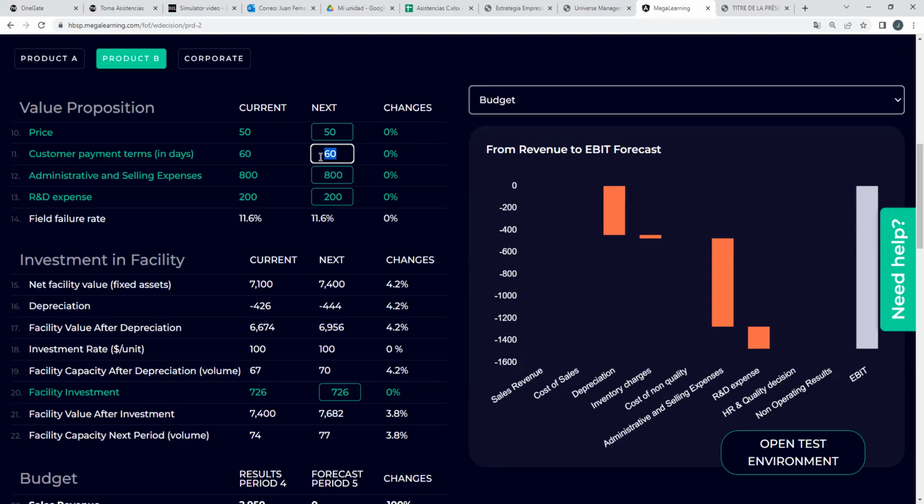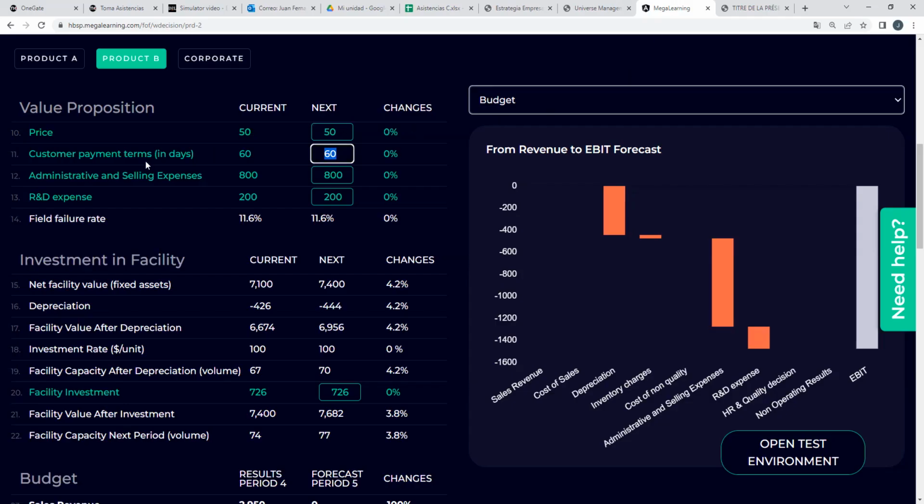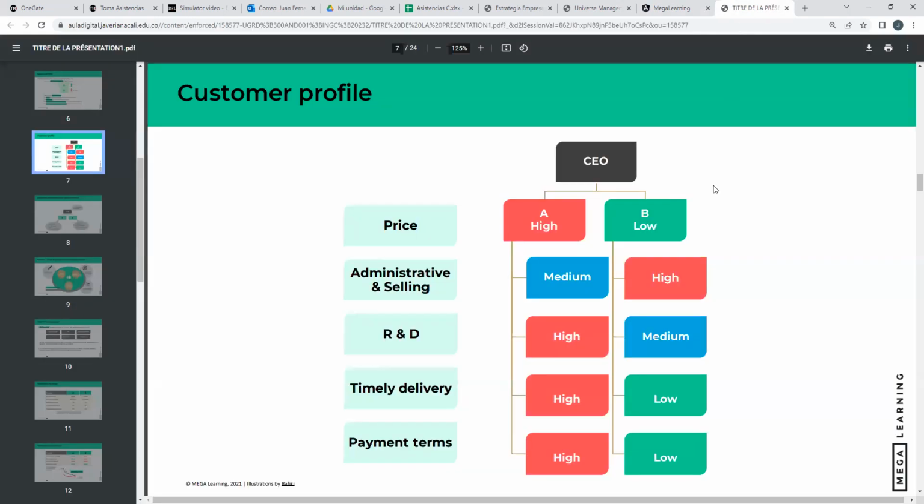You take decisions according to that slide of customer profile, because payment terms are more important for customer A than for customer B. Administrative and selling expenses and research and development expenses. Look, for customer B administrative and selling expenses is really important. And R&D probably is a little bit less important than for A.